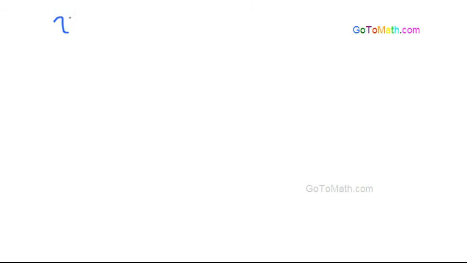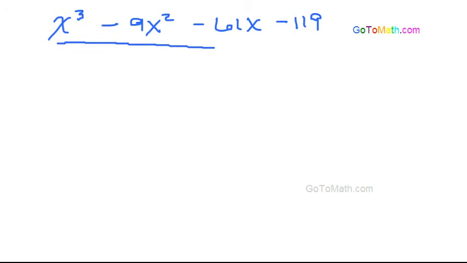Okay, so we have x cubed minus 9x squared minus 61x minus 119, and that's all over a crooked line, x minus 14.